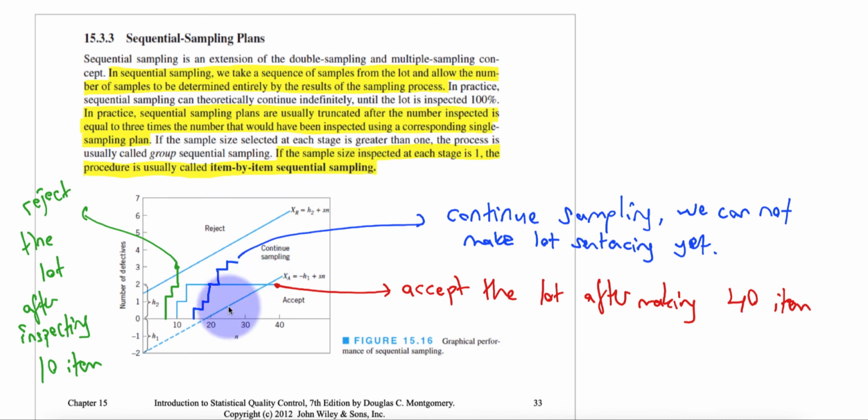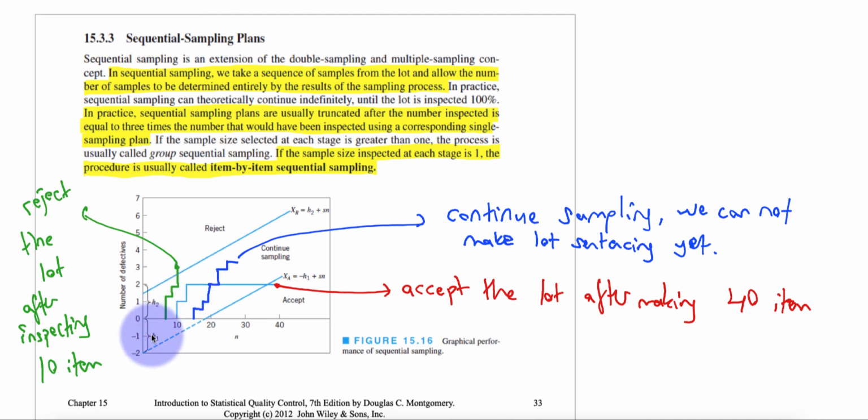For example, we are taking a sample at the beginning, and then we are taking another sample, and then another sample, and this is the number of items in the sample. Okay, this horizontal line. We are taking another sample and another sample and another sample, and this is the number of defectives in total in the samples.